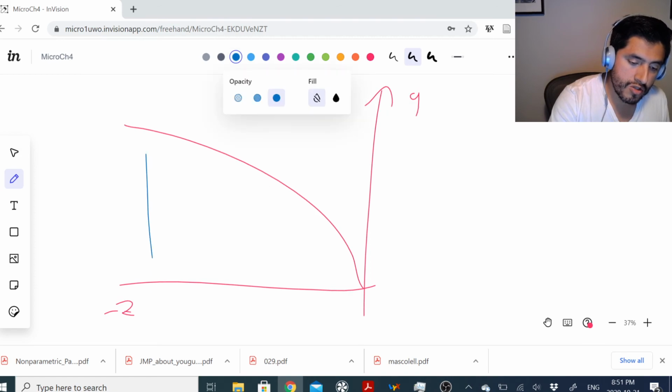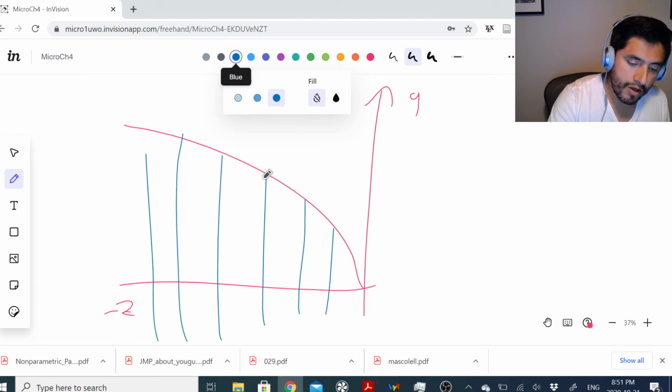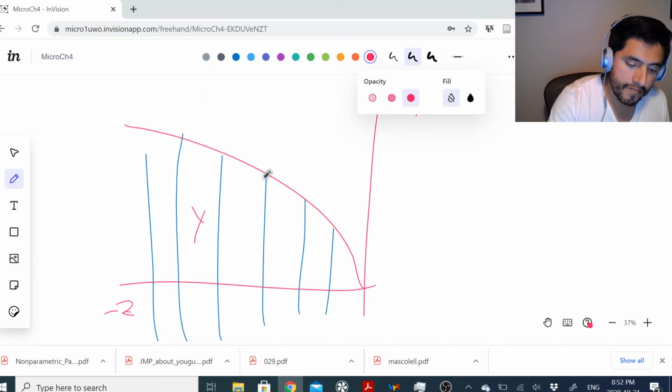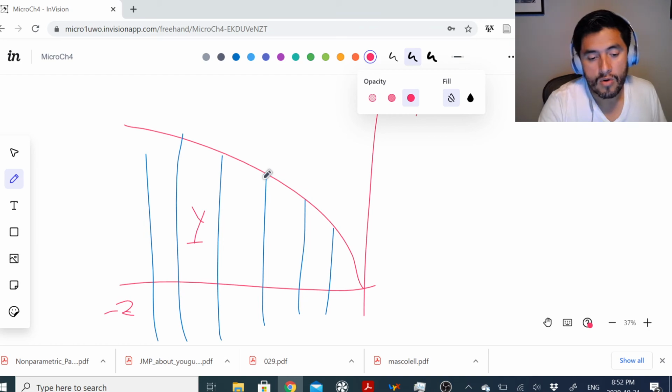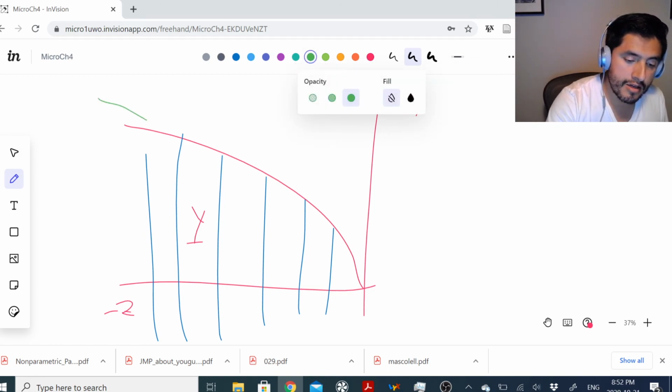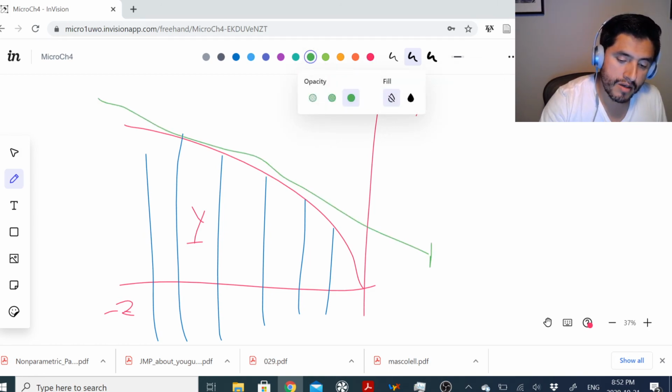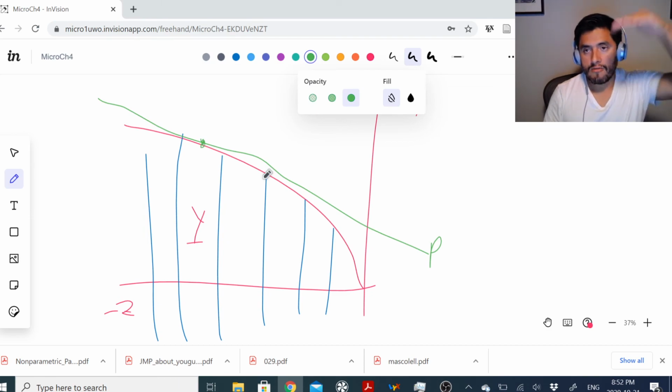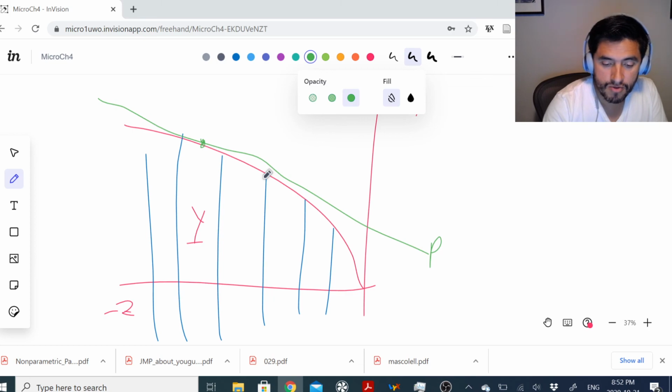So this production set is the shaded area in blue, okay? So this is the production set Y, okay? And now the fact that this firm is profit maximizing means that I'm choosing a particular price P, and then I'm choosing the point on the frontier that maximizes my profits, right?